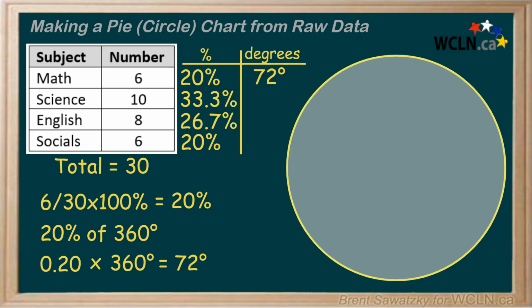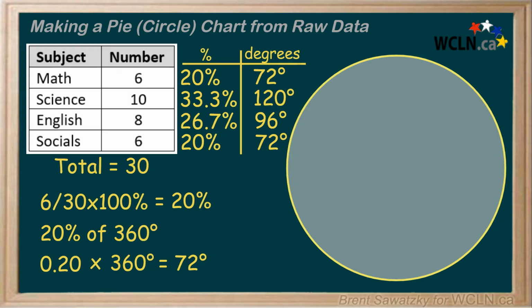And we can do the same thing for the other subjects. 33.3% becomes 0.333 times 360 degrees, which is 120 degrees. 26.7% becomes 0.267 times 360, or 96 degrees. And 20%, same as math, 72 degrees.